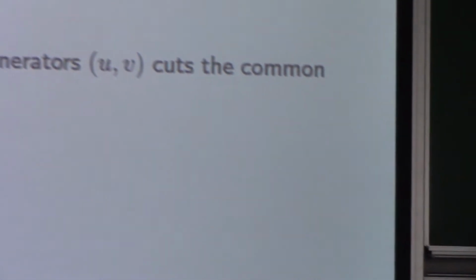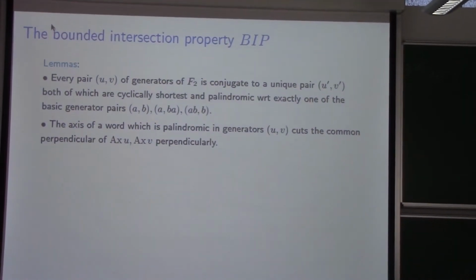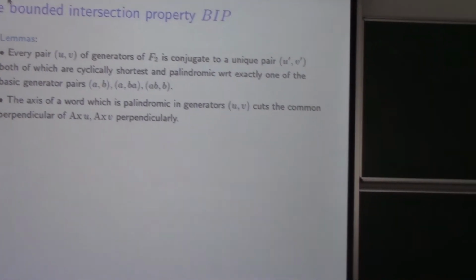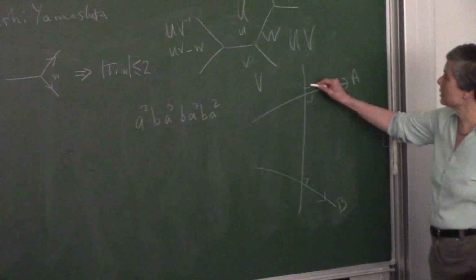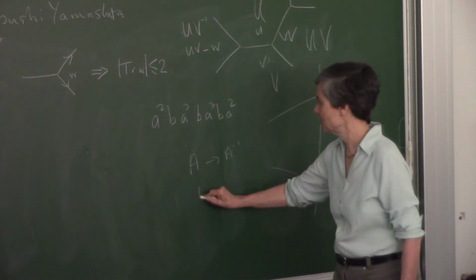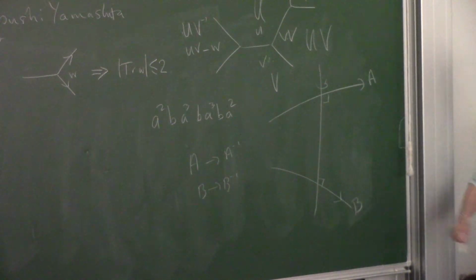And then there's a nice geometry about palindromic words. So if I draw the axis of A and the axis of B, this is quite a general thing, and I take the common perpendicular of them, then if I do the map that sends A to A inverse and B inverse, that sends these two axes to themselves reversing orientation.